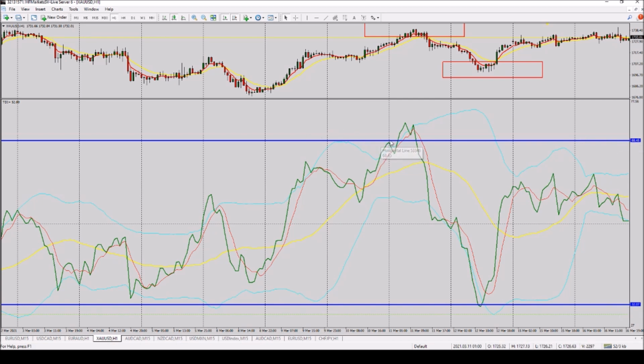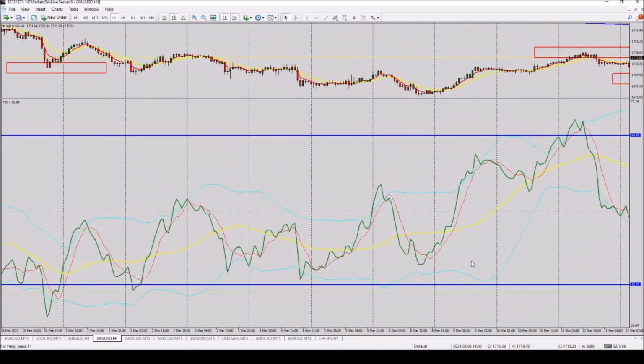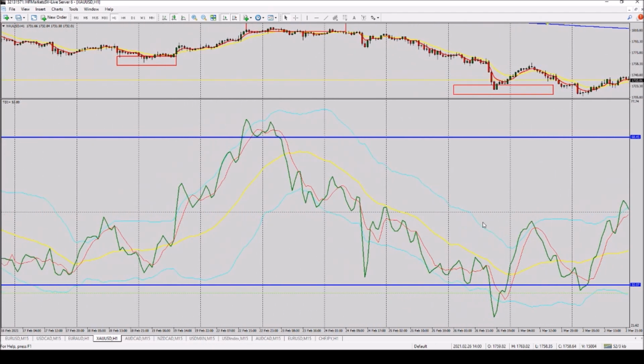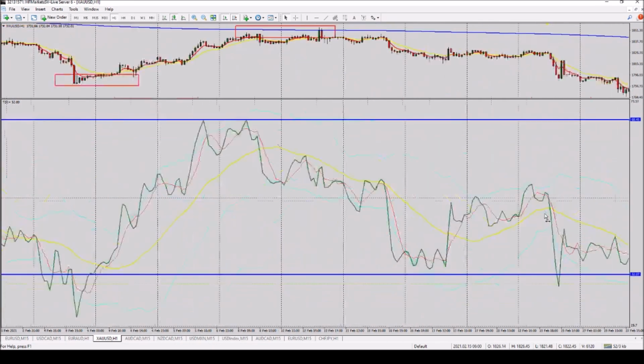So what we'll be waiting for on the H1 time frame is to see price piercing the 60s, the overbought line, or touching the overbought line, or piercing the oversold line, or touching the oversold line. After seeing this scenario, we will have to go on the M15 time frame to look for the setups that we have been talking about in the slides, right?